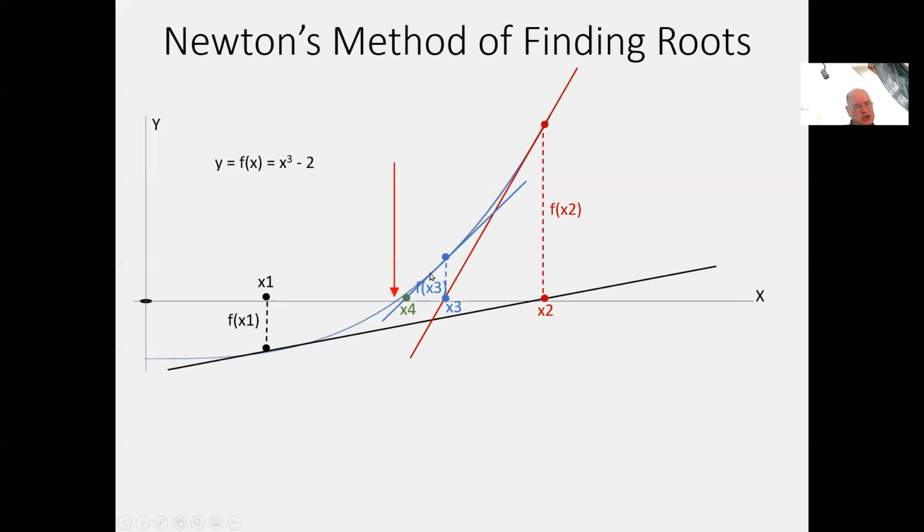These points on the straight line are very, very close to the actual points on the curve. Not for very far, because here they drift away quite dramatically. But when you're in a close interval around x3, the straight line is a very good approximation of x cubed minus 2, the function x cubed minus 2.